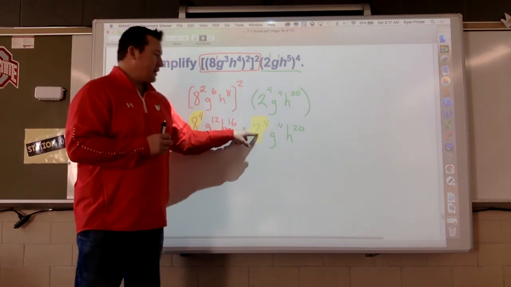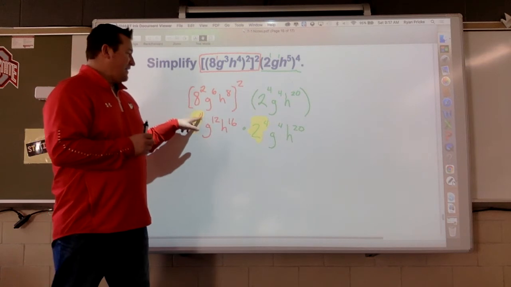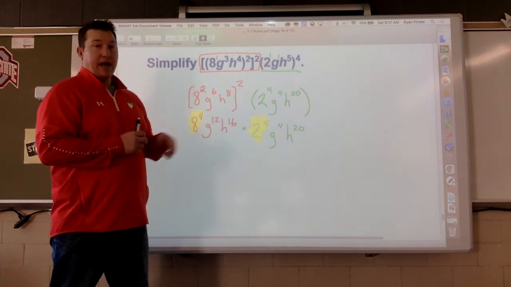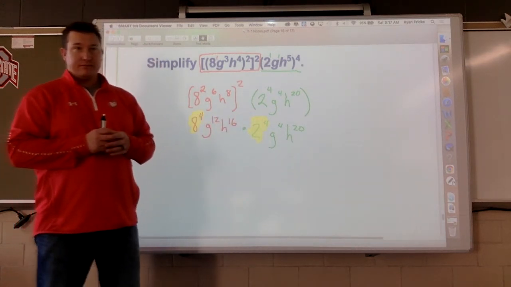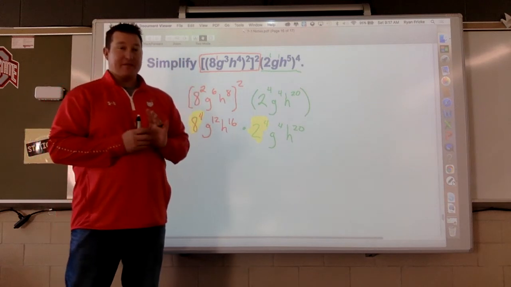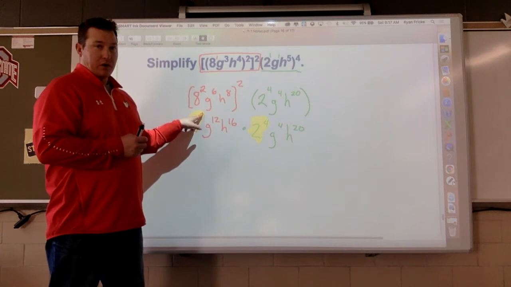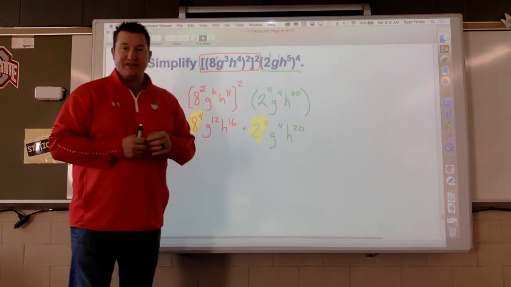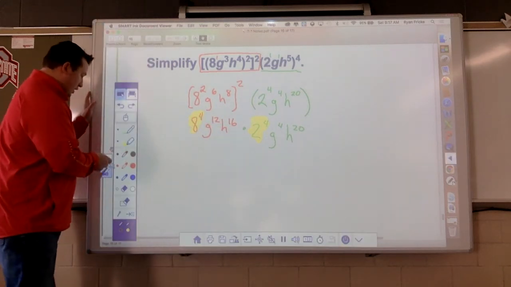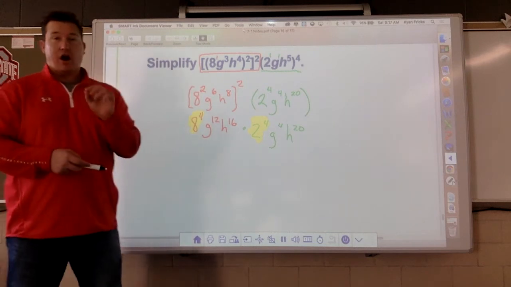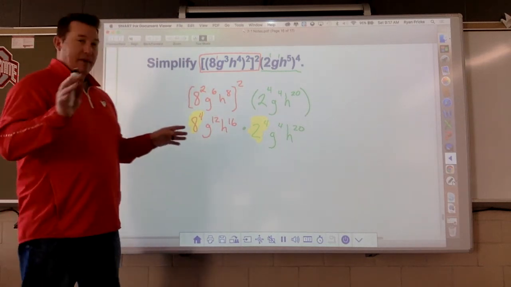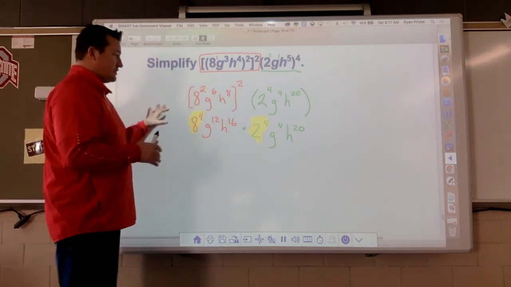We have two products, and they have the same exponent this time. We actually do the opposite in this scenario. We are going to keep the exponent, 4, and we're going to multiply their bases together. We will not see this rule very often.